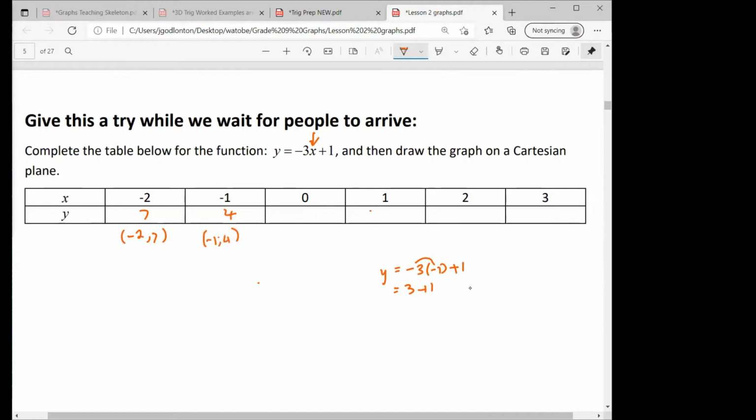Cool. Yes, Kensani, absolutely. For 0, this is all just going to become 0, so our answer is just going to become 1. So we'll have 0 and 1. Then if it was 1, it would be -3 times 1 plus 1, which is -3 plus 1, which is -2.